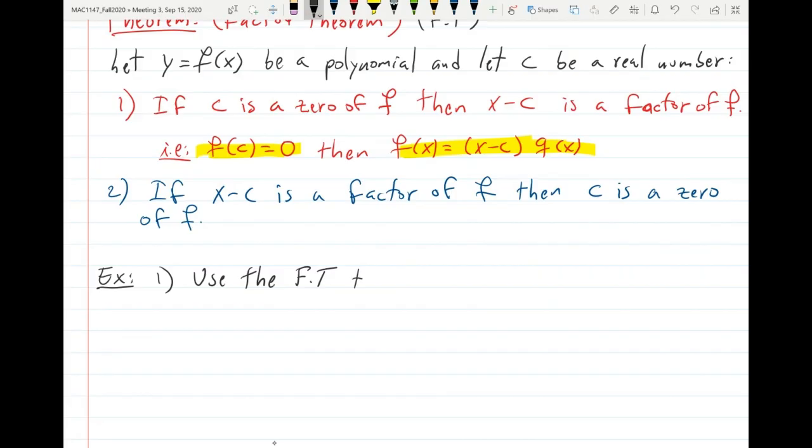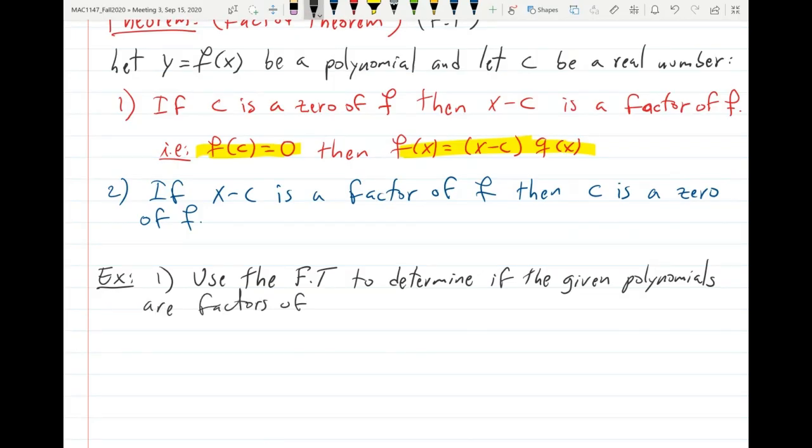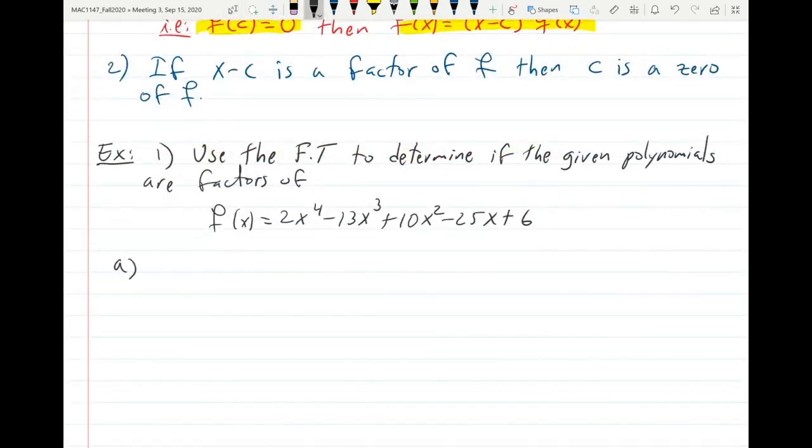So use the factor theorem to determine if the given polynomials are factors of the polynomial f of x equals 2x to the 4 minus 13x cubed plus 10x squared minus 25x plus 6. All right, and here are some candidates. Let's test out x minus 6 and let's test out x plus 3.